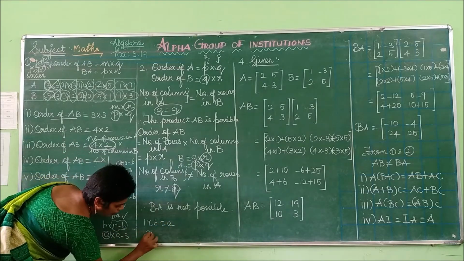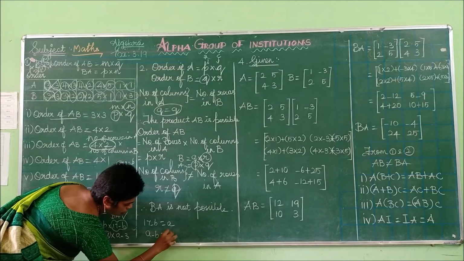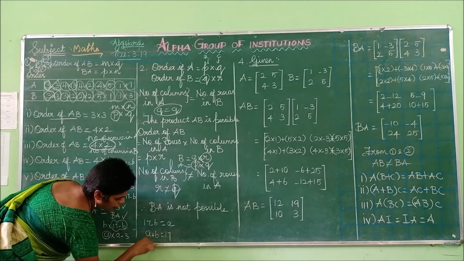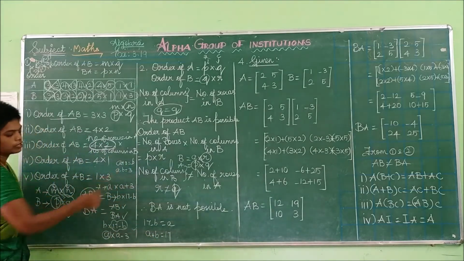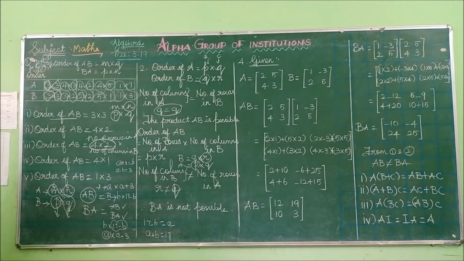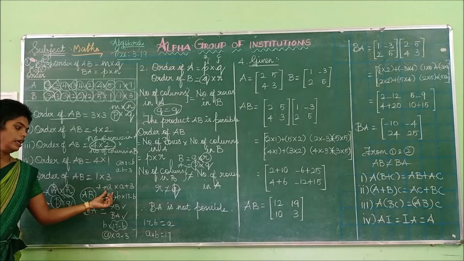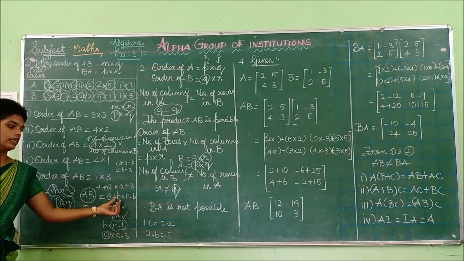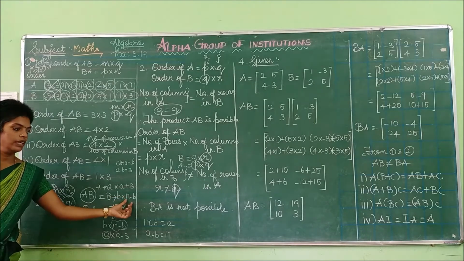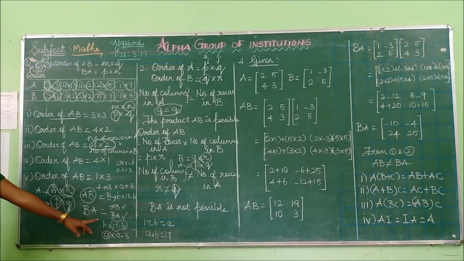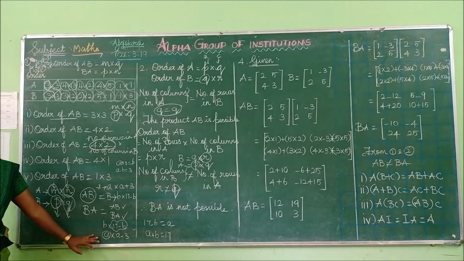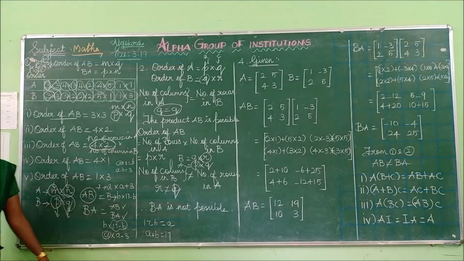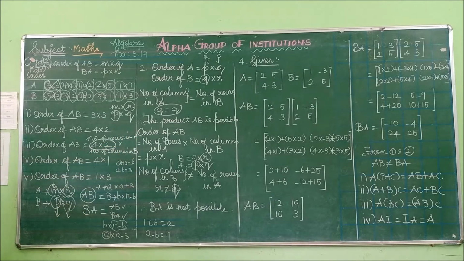So from this you can write a plus b which is equal to 17. Now you can solve these two equations and get the value for a and b. So listen here, the given A matrix contains a rows and a plus 3 columns, B matrix contains b rows and 17 minus b columns. AB and BA is possible means you can apply this condition and find the value for each. Then move on to the fourth problem.